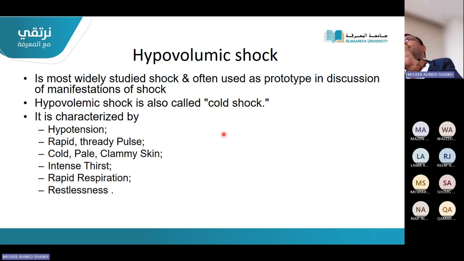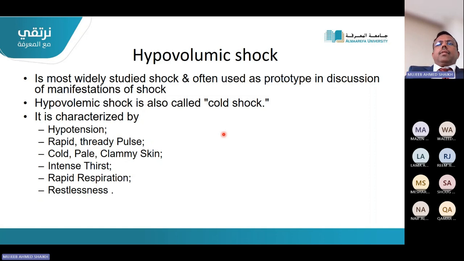So oliguria, hypotension, and low mean arterial pressure, and the increase in lactate. These are the three things which will diagnose that the person is having shock. In any type of shock, there will be oliguria or anuria, meaning less urine formation, plus severe hypotension, plus increasing lactate level.